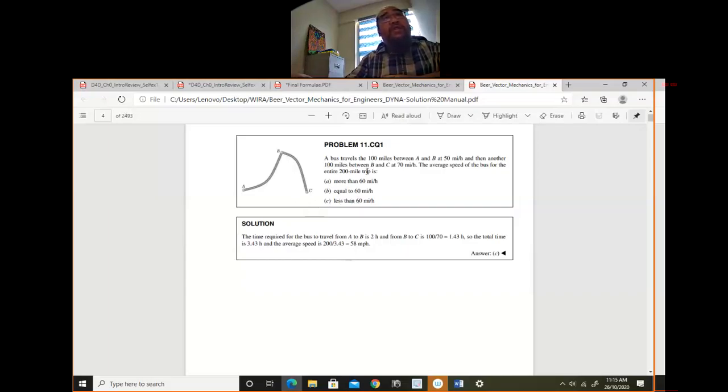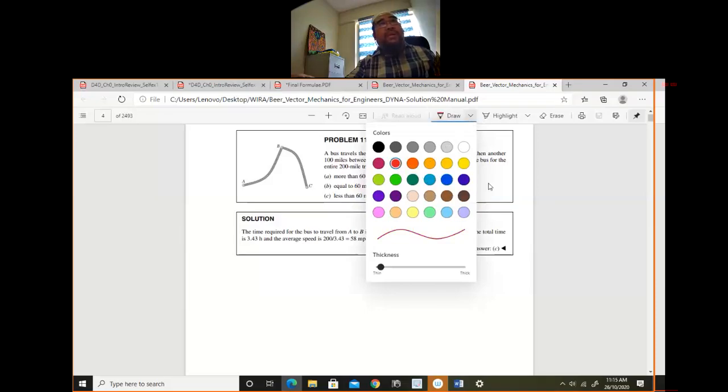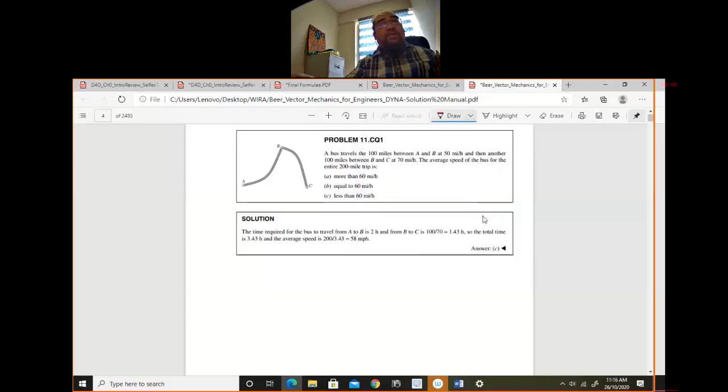This one differentiates between speed and velocity: the average speed for the bus over the entire 20-mile trip. I do not want to do the calculation, but I will explain what the question is trying to test.